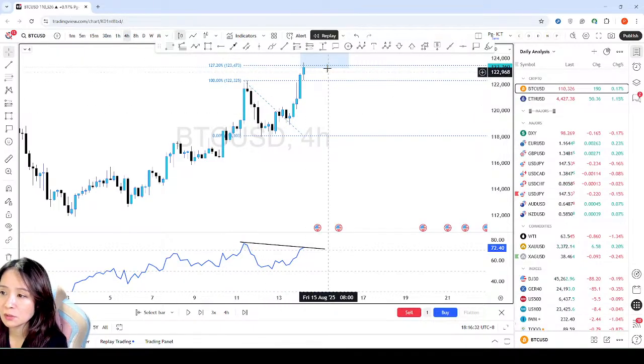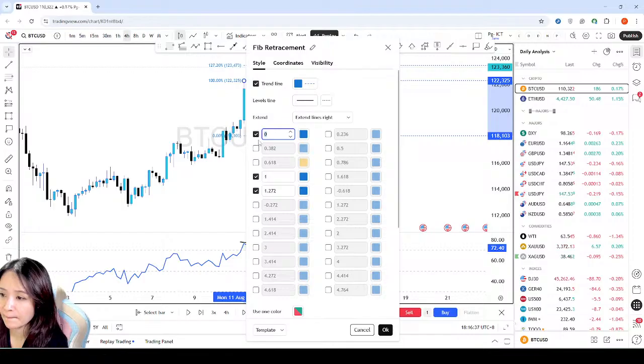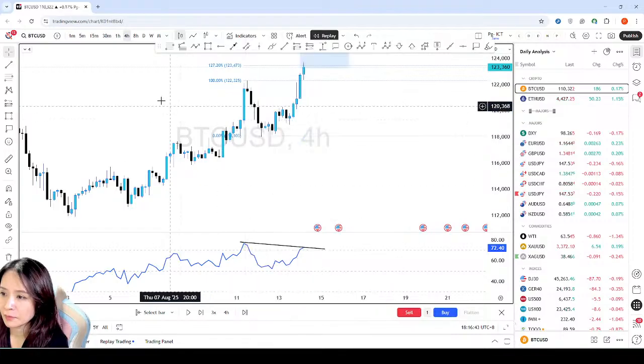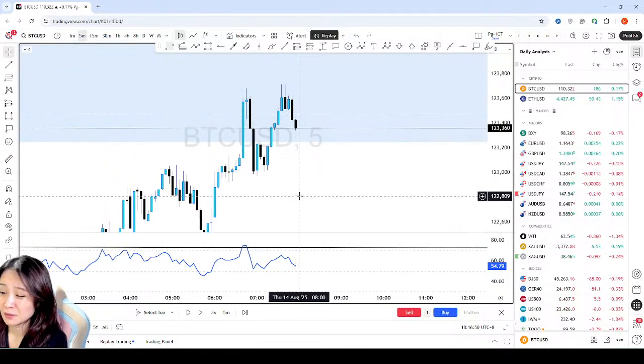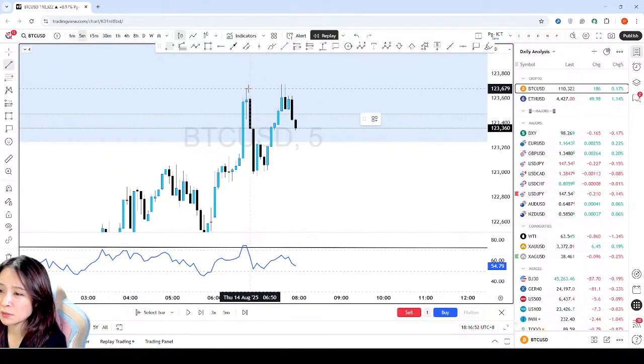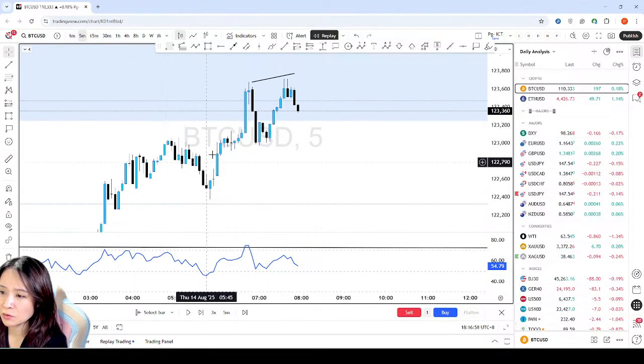What you need to do is go down to the lower time frame. Where's our confirmation? Already confirmation here. Divergence here as well in the lower time frame, and price makes a kind of M pattern.